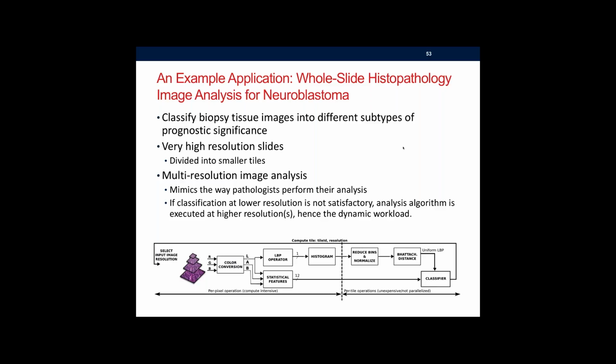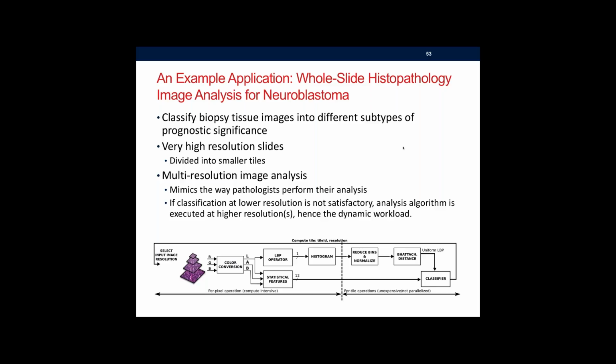The process basically mimics what a pathologist is doing when they're reviewing the whole slides. So it starts with the lower resolution of the image, and if a simple diagnosis can be done at that level, it's done. If not, then you will select some regions, and you will go into higher level resolutions and try to make the diagnosis based on the image over there.